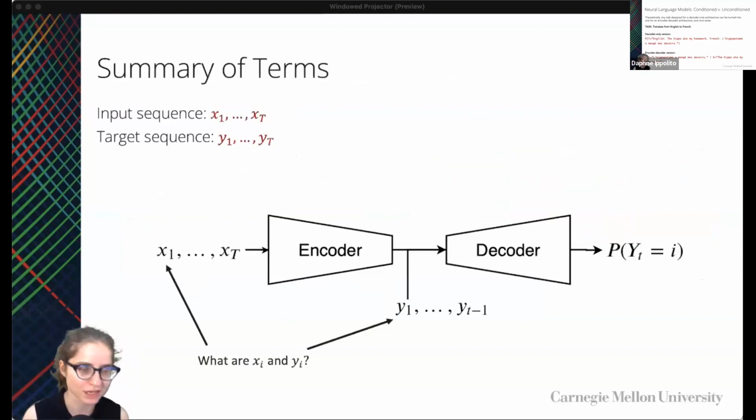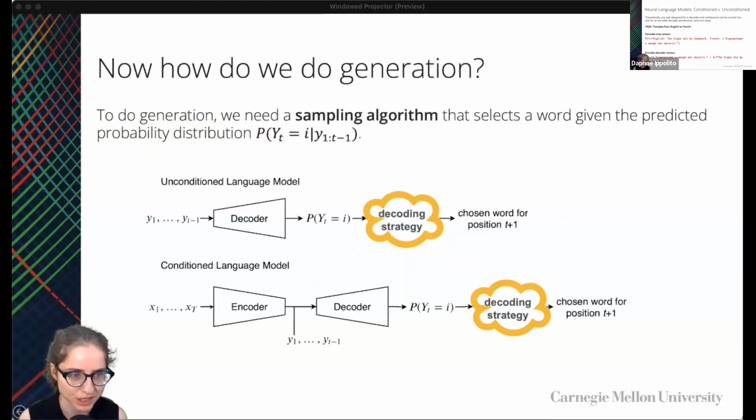If we go back here, with prompt engineering you're just choosing this x sub 1 to x sub t, or if you're using a decoder-only model, you're choosing this y sub 1 to y sub t. That's all prompt engineering is. But then you still need your sampling algorithm that chooses how to generate text given the probability distribution that your model has predicted. Does that make sense?